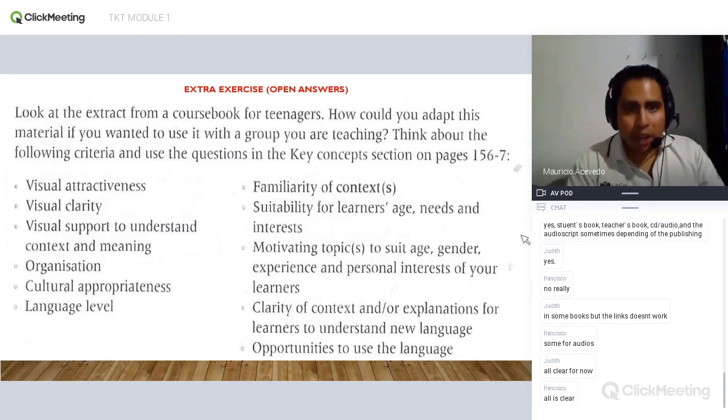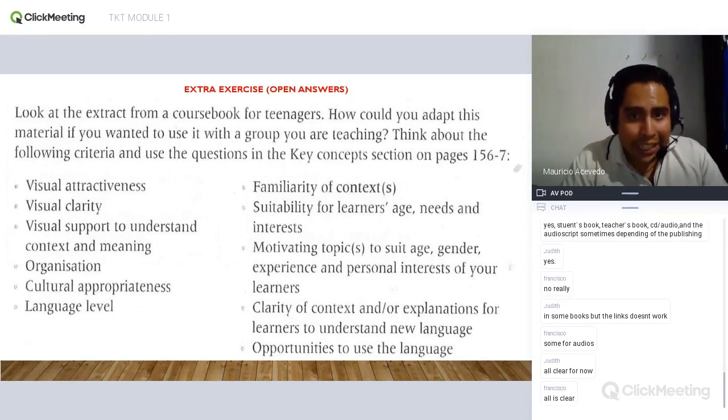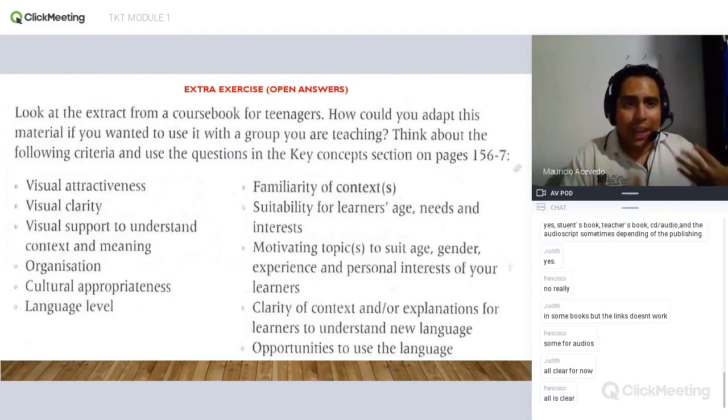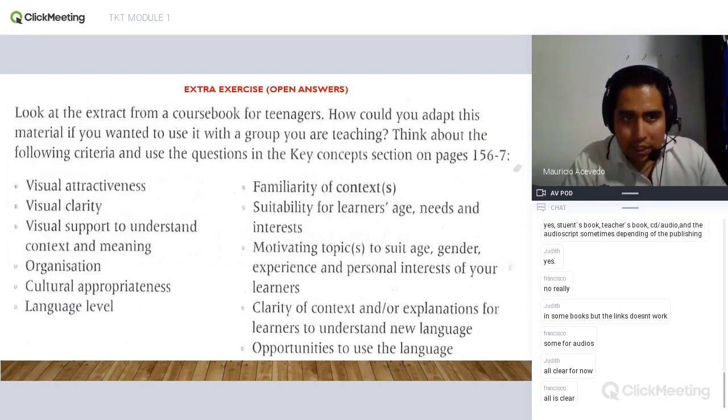And we have familiarity of context, suitability for learners' age, needs, and interests, motivating topics to suit age, gender, experience, and personal interest of your learner, clarity of context and/or explanation for learners to understand new language, and finally, opportunities to use language. How could you adapt materials if you wanted to use them with a group you are teaching?